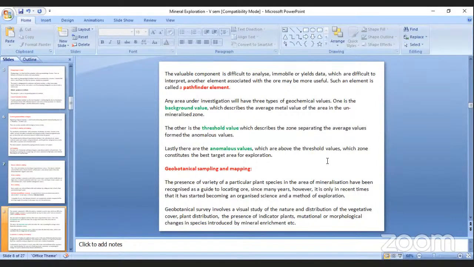That means it is normally found in different formations, whether soil formation or rock formation. So 4 ppm is the value in the granitic terrain.